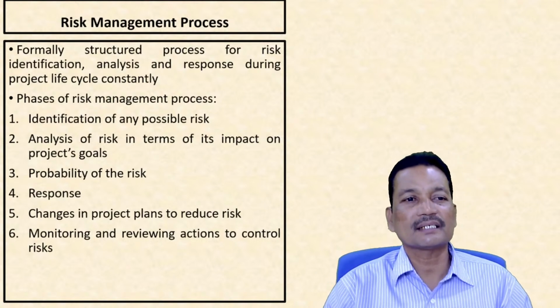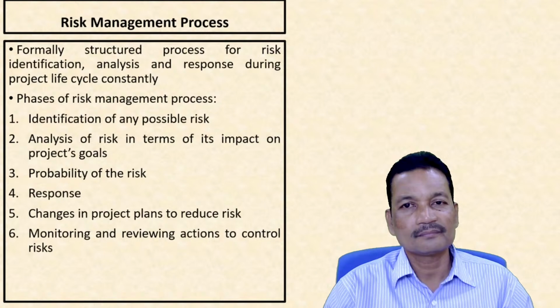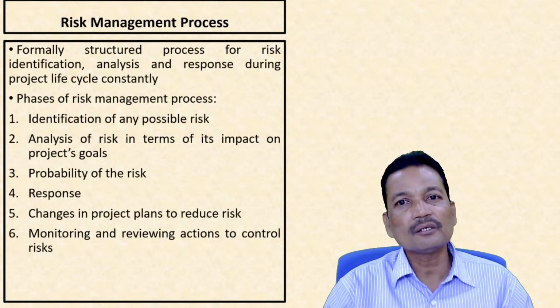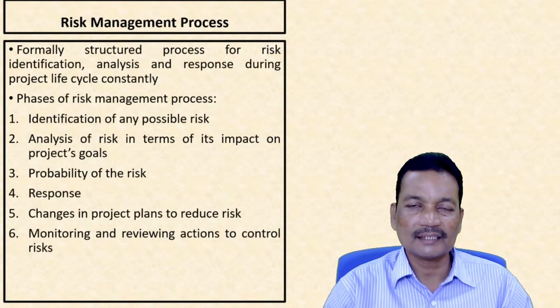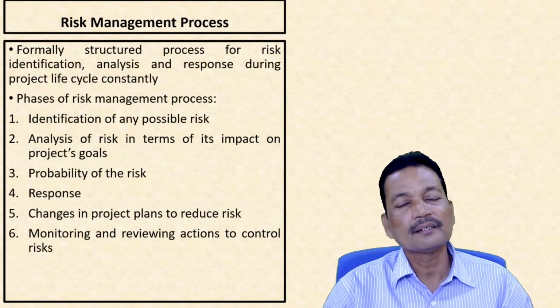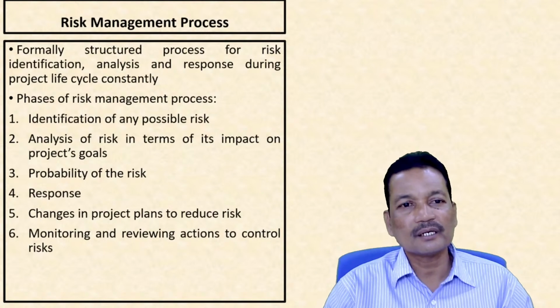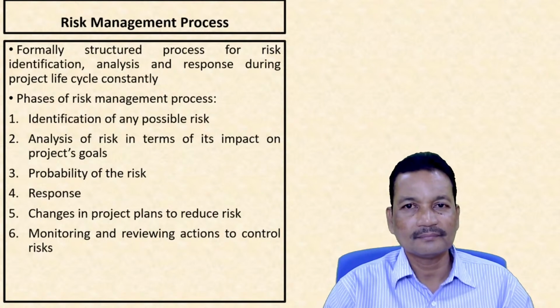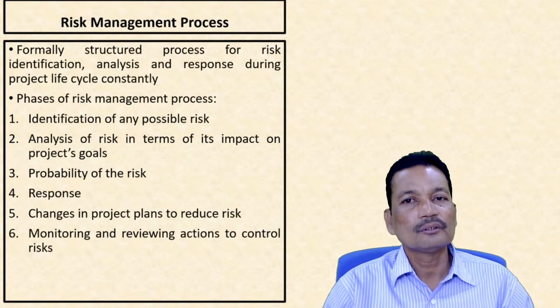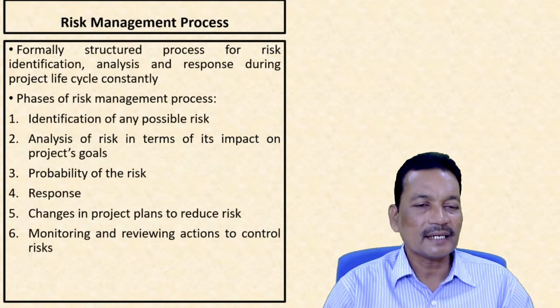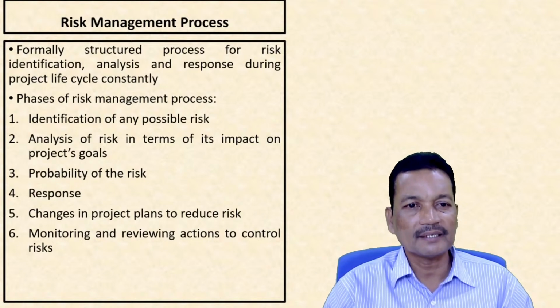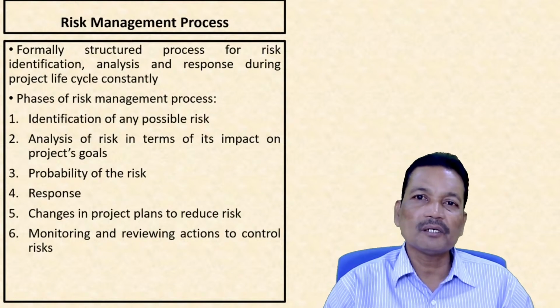That means the response, how we respond to the developing scenario as the actual progress of the project is going on. So this has to be done constantly. The various phases can be described as identification of any possible risk.